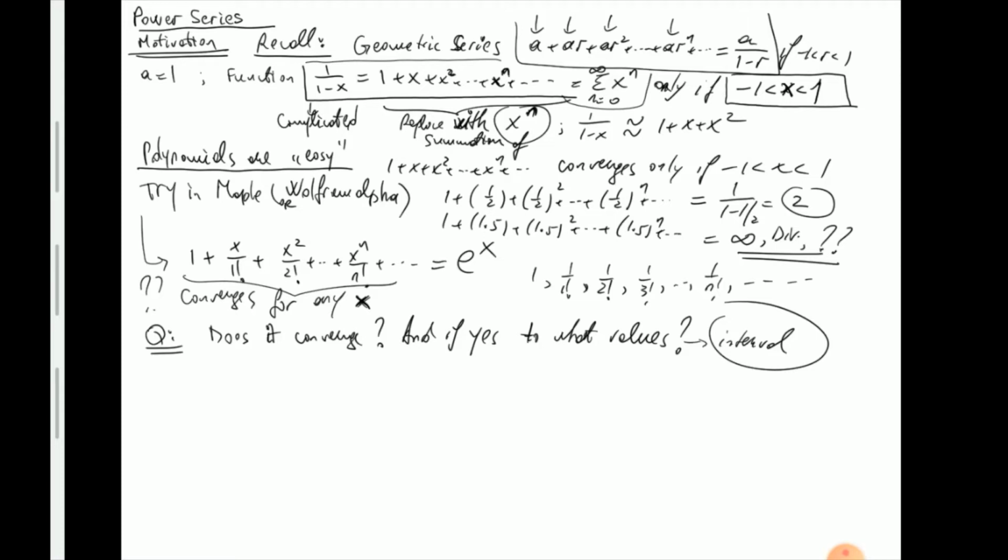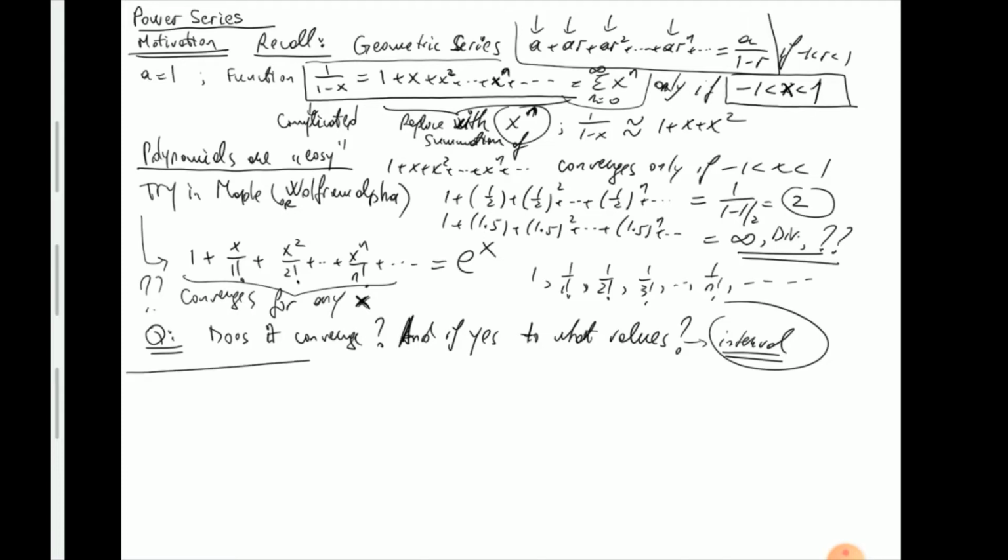And in the more generous case of e to the x, that interval could be basically all real numbers. But in general, you would expect an interval of convergence, which is extremely important to know, because if I want to use that series, I need to know what I'm allowed to plug in for x, so that it converges for that value.